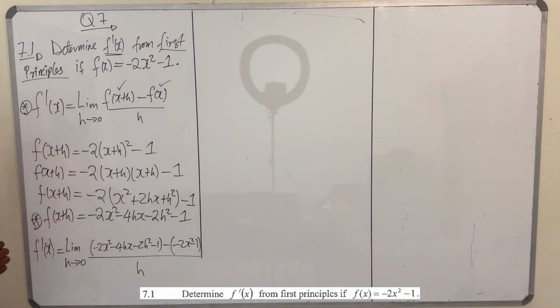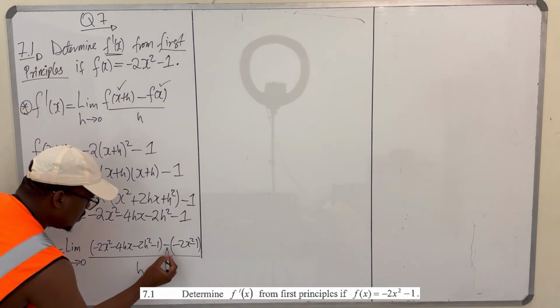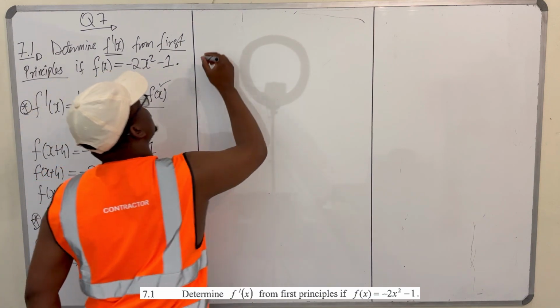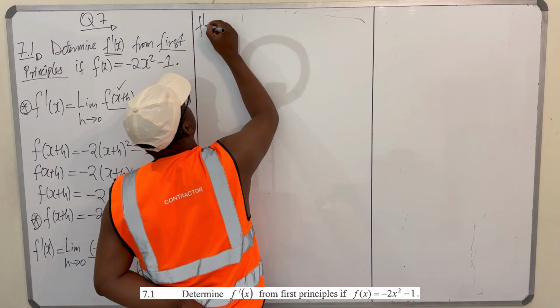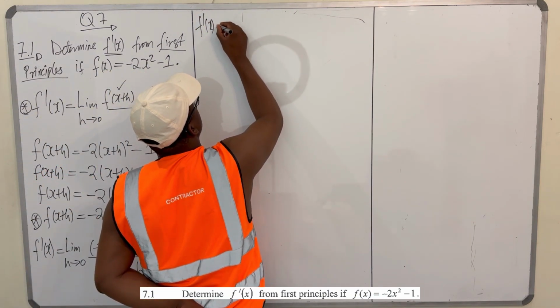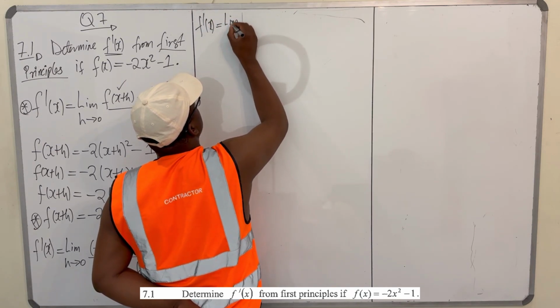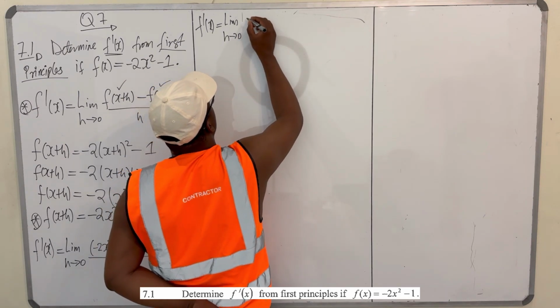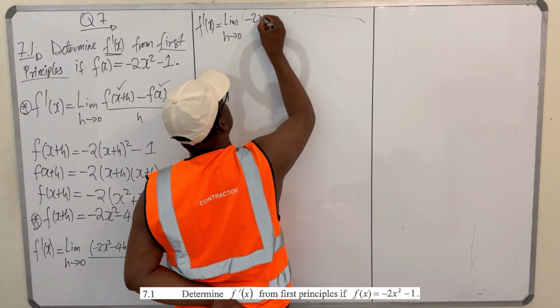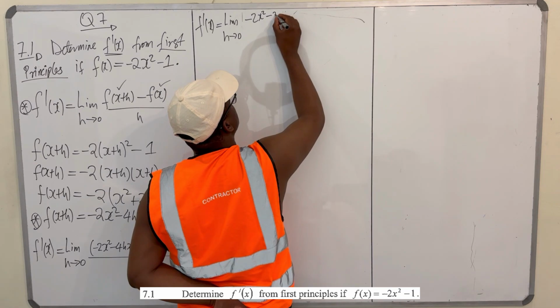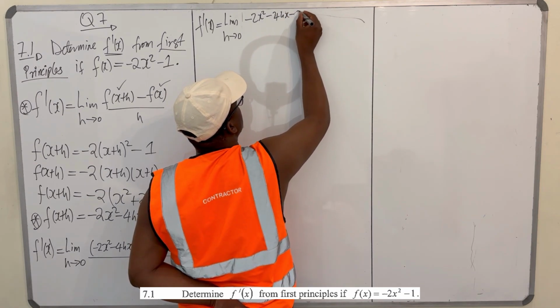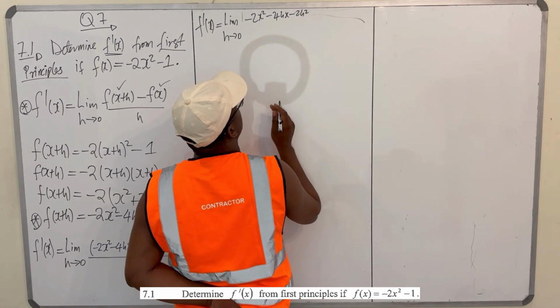So, let's simplify. Multiply this bracket out. So you have the derivative of f at x equal to the limit as h goes to 0 of negative 2x squared minus 4hx minus 2h squared, right?